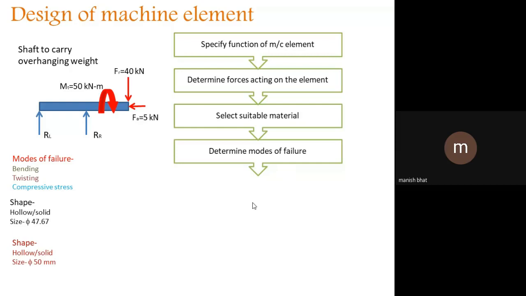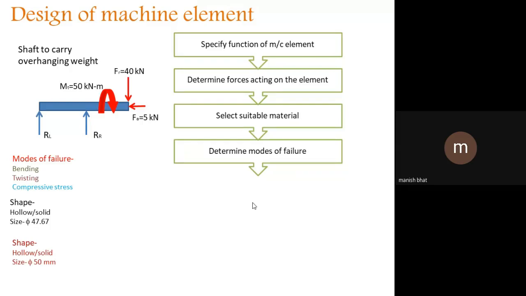Suppose a shaft: as it is subjected to radial force, bending will occur. Axial force is there, and that axial force is causing compressive stress. And as that shaft is transmitting power, twisting action is possible.